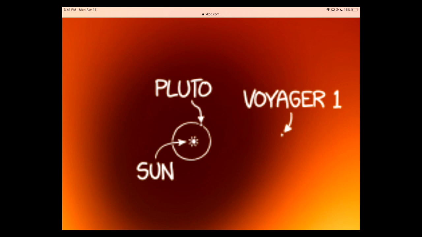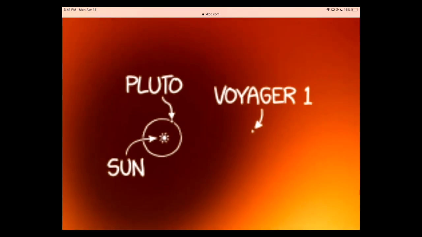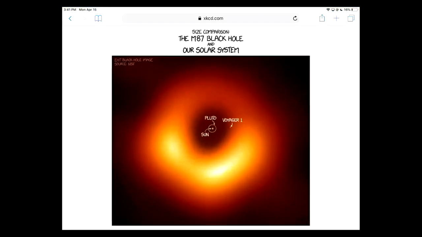Big black hole. Where would the Earth's orbit be in this diagram? I don't even think it would make it outside of those little rays that are coming off the sun, because Pluto is way out there compared to the orbits of the inner planets. So just really, really tight around the sun would be the orbit of the Earth. So, black hole, big black hole.